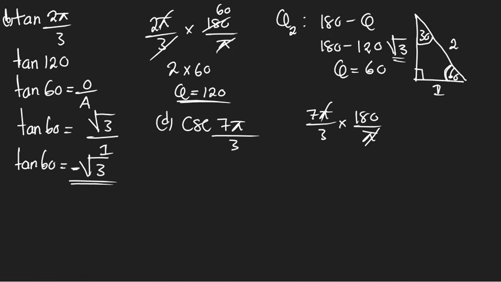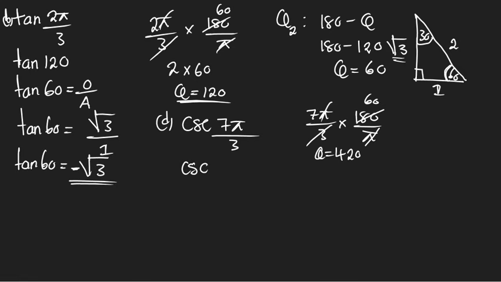We cancel out those, then 3 into 180 is 60. And then you are going to have 7 multiplied by 60, and then you're going to have your 420. Your theta is 420.